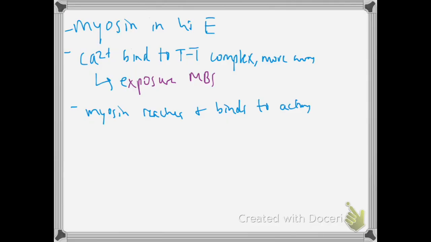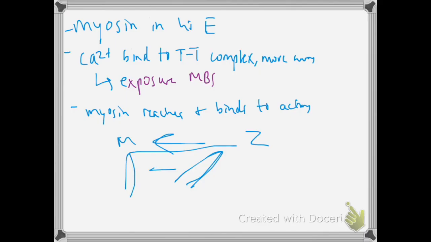So these things meet, and this is called a cross bridge. Then our myosin is going to go from the high energy configuration to a low energy configuration and pull that thin myofilament inwards, from the Z-line towards the M-line, in a motion that we call the power stroke. So this changing of configuration from high energy to low energy is called a power stroke.